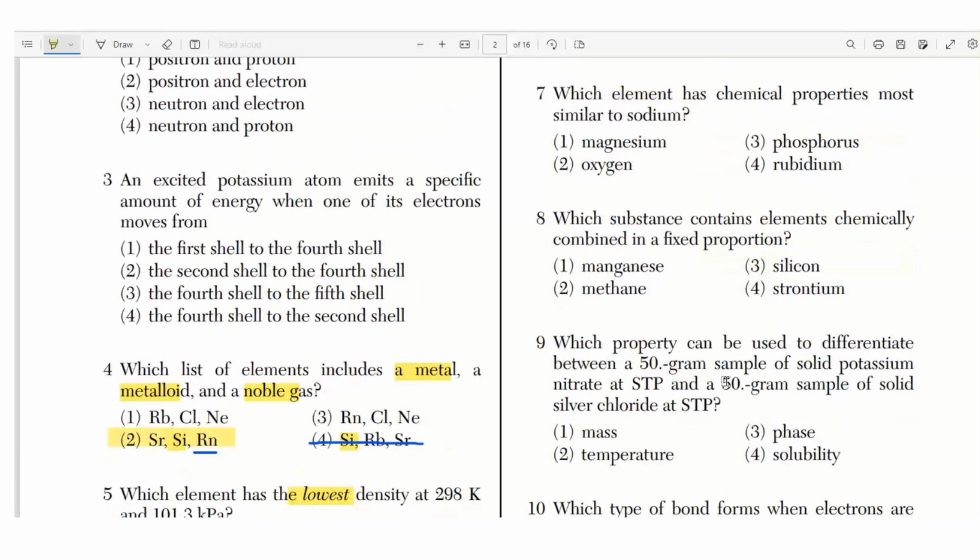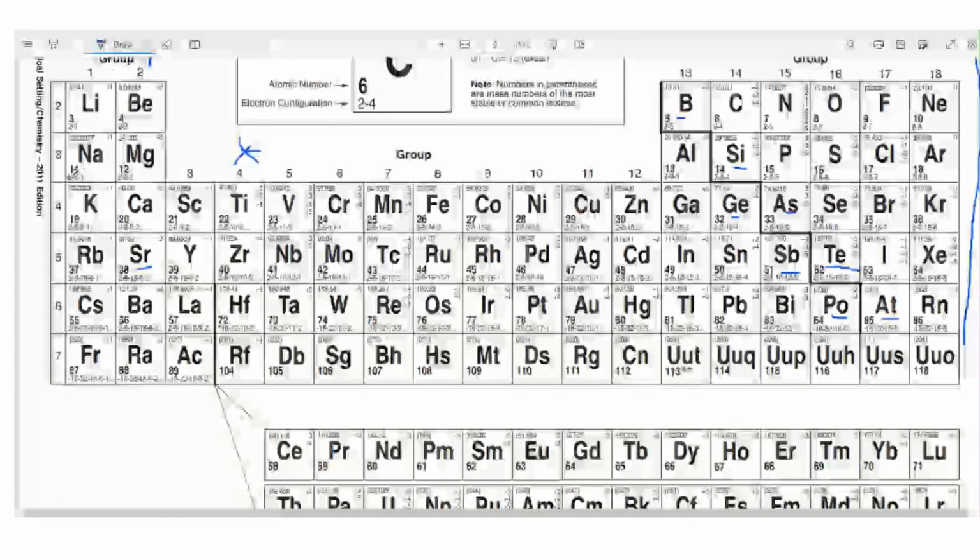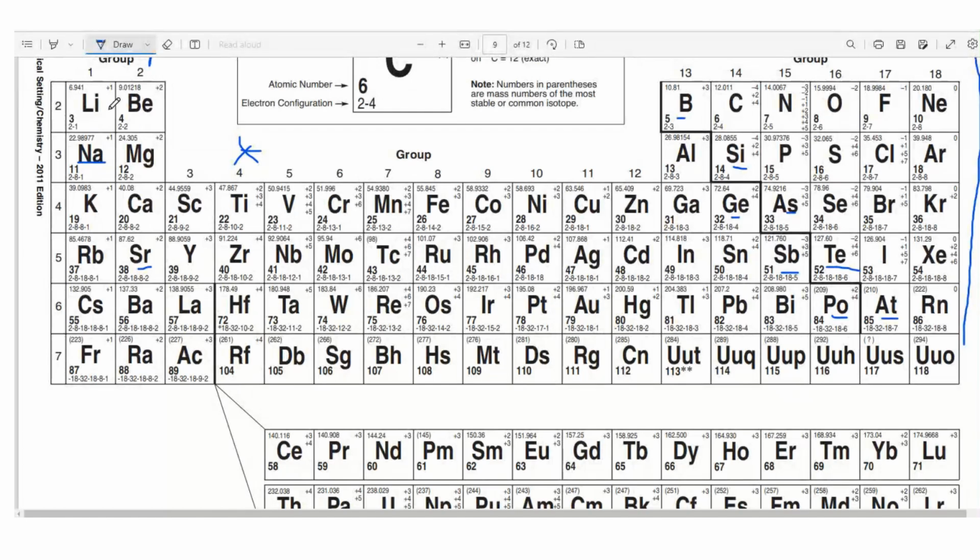Which element has chemical properties most similar to sodium? Well, sodium is Na, so let's go to the periodic table. And if it has chemical properties most similar, it is going to be in the same group because elements with the same number of valence electrons have similar properties.